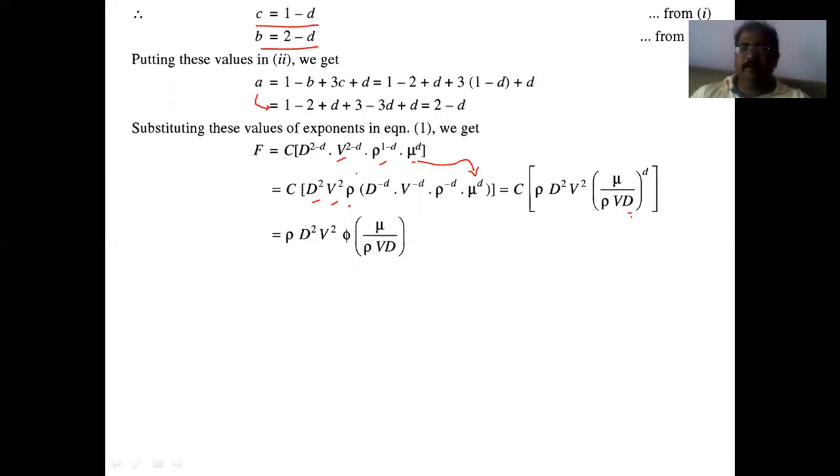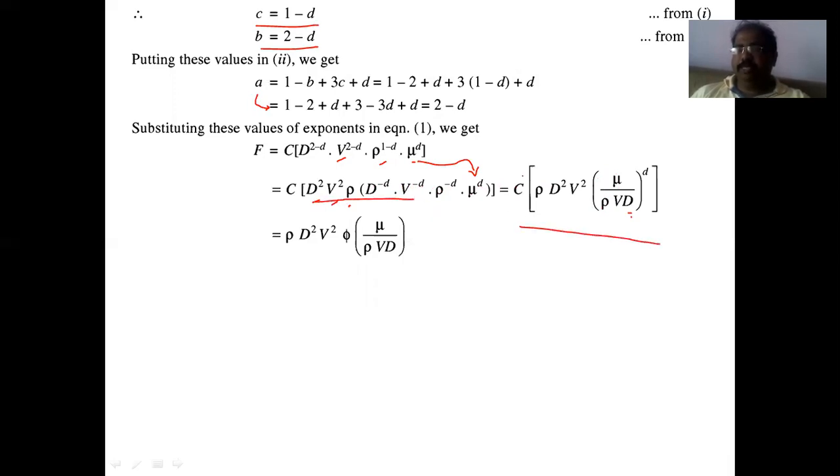What is left is d raised to power minus d, v raised to power minus d, rho raised to power minus d, and mu raised to power d, and we write this equation in this form.